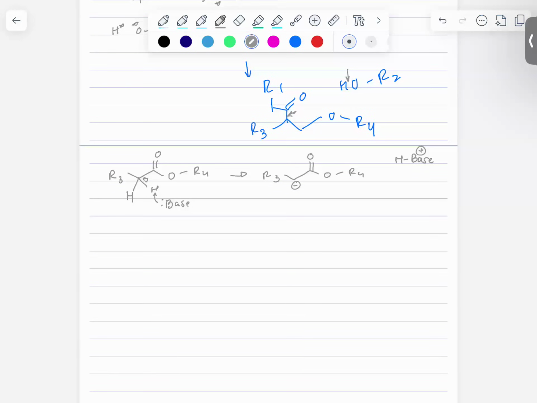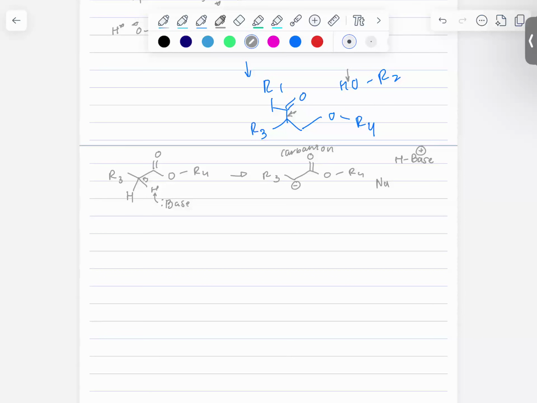What would we call this intermediate, now that it has this negative charge? Carbanion. And would we say this carbanion is nucleophilic or electrophilic? Nucleophilic.